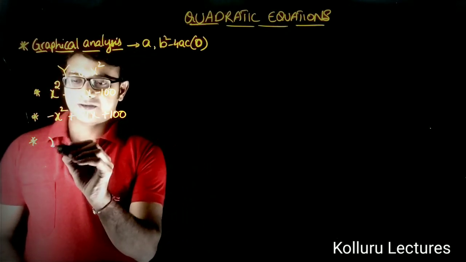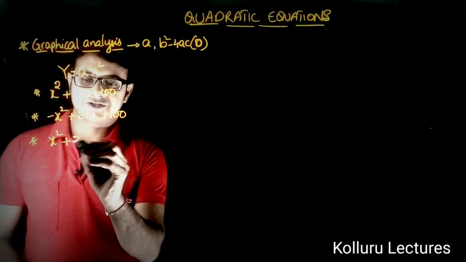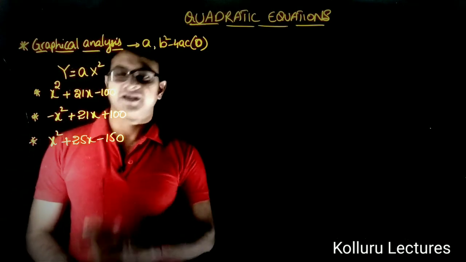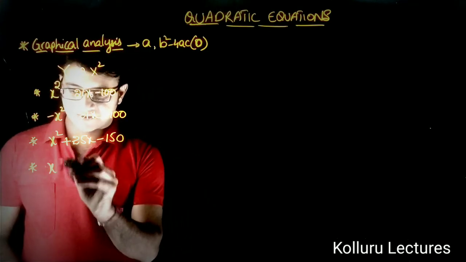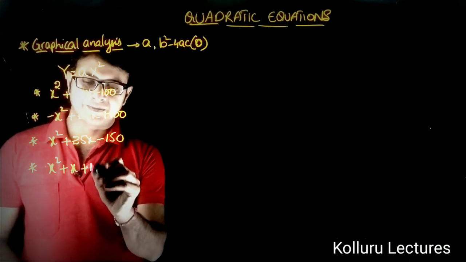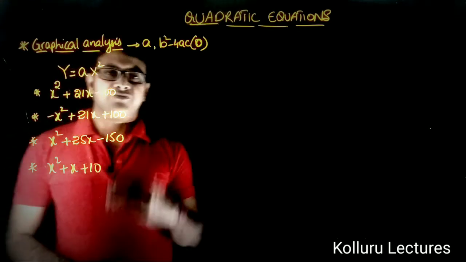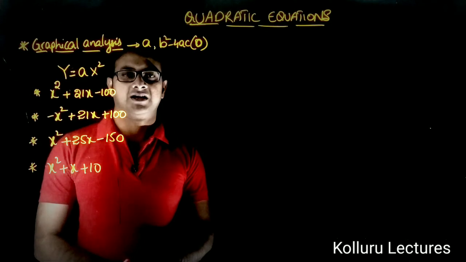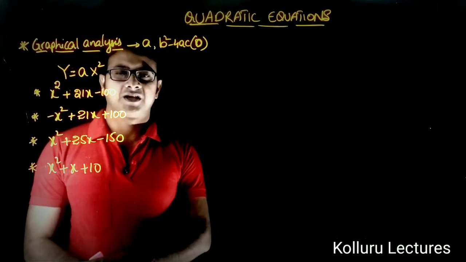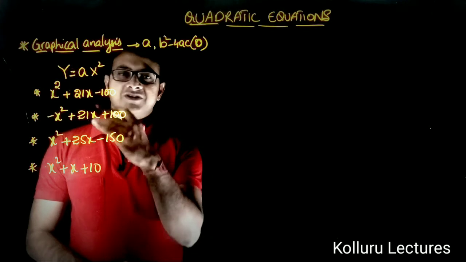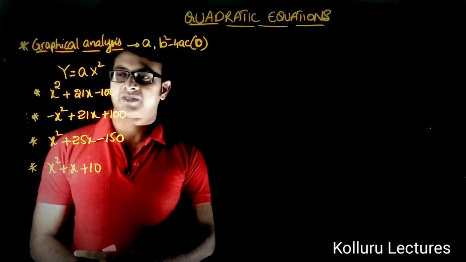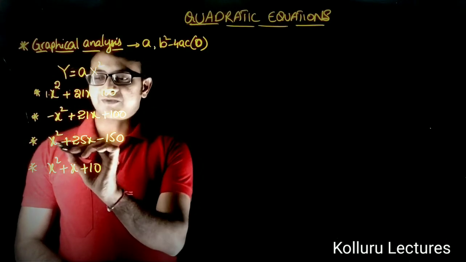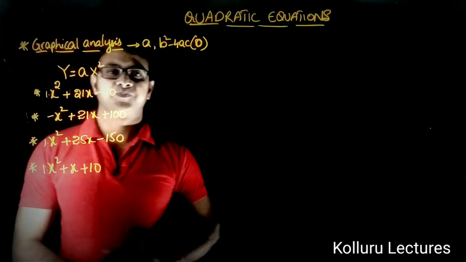Next, x square plus 25x minus 150, and at the same time x square plus x plus 10. These are some of the equations which we are going to discuss now. In these equations, the coefficient of x square is 1 here, minus 1 here, again 1 here, and again 1 here.